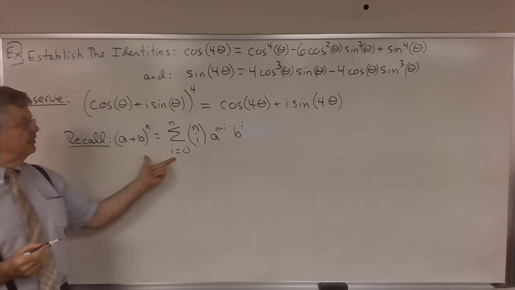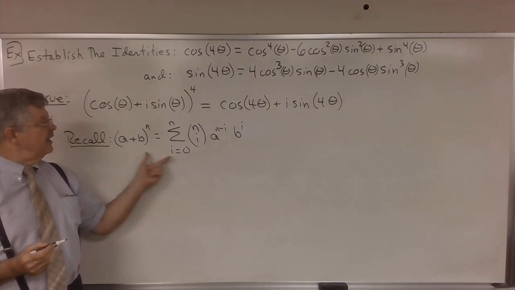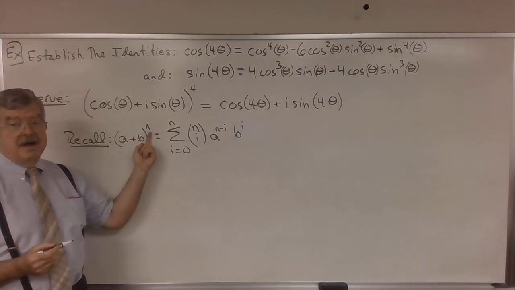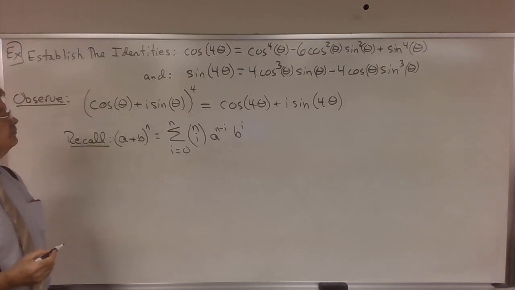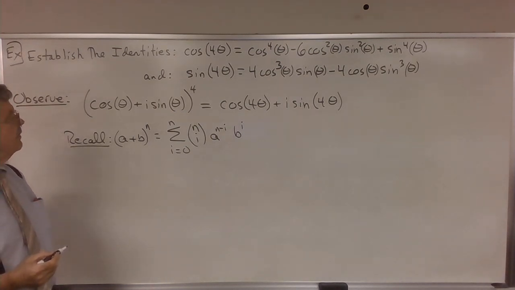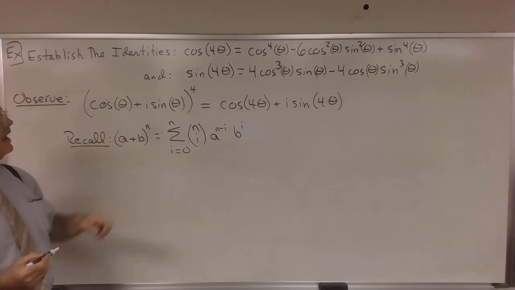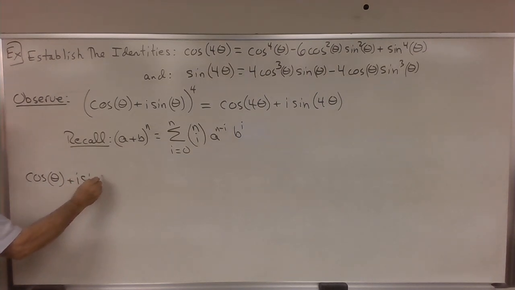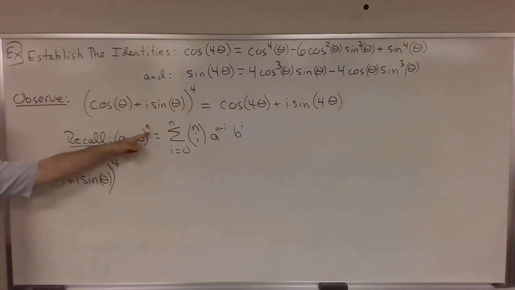This is our binomial formula. It tells us how to raise any binomial to the power of a non-negative integer. And I'm going to do that with cosine plus i sine theta. So let's see, cosine of theta plus i sine of theta to the 4th. So 4 corresponds to n here.